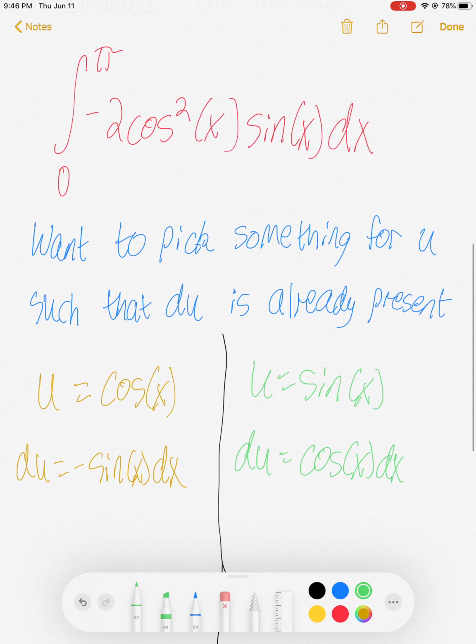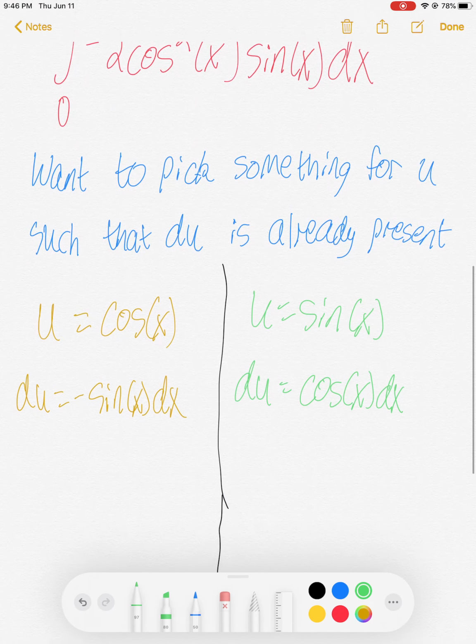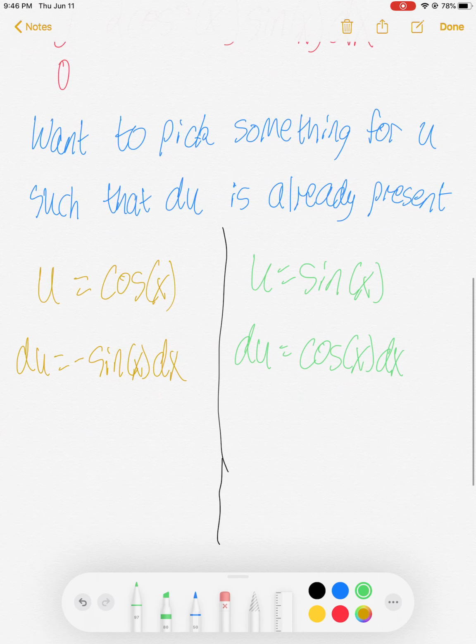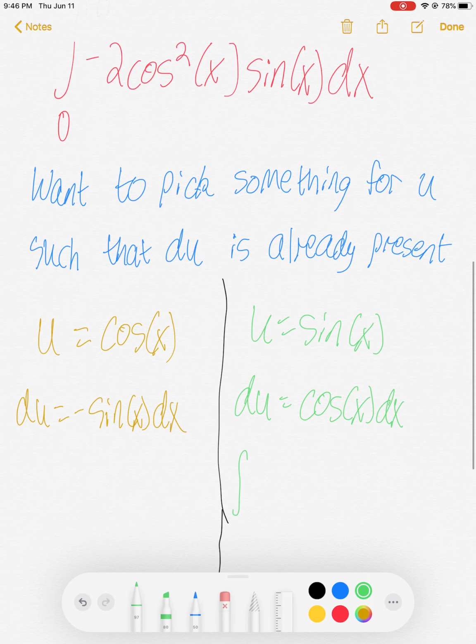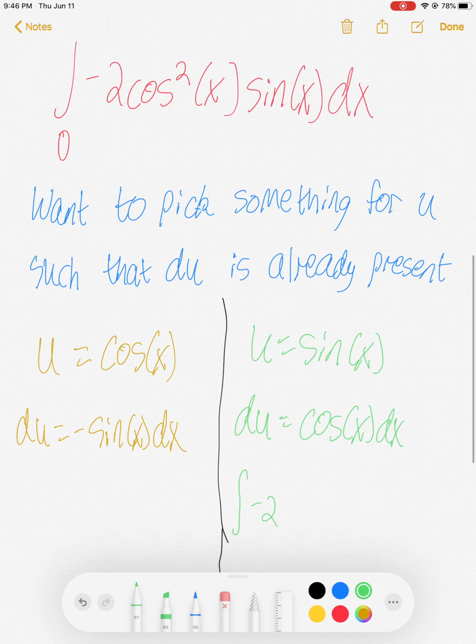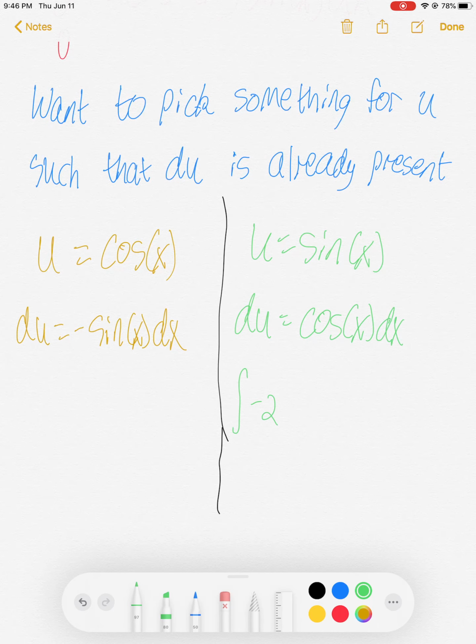So let's go ahead and use this second substitution, and let's just see what happens if I make it. If I try and make this substitution, there are two ways of doing this with the bounds.